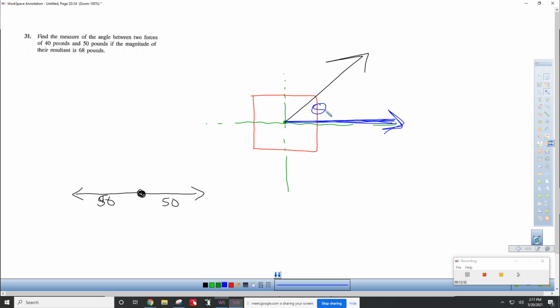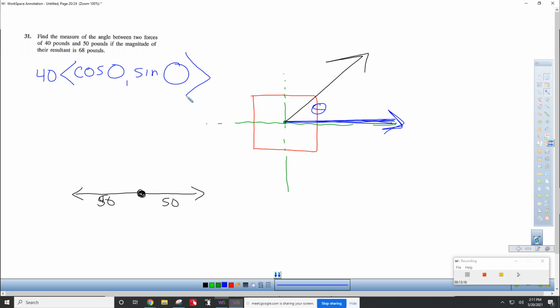I think this is a good idea. Let's just let the blue angle be right there at 0. So 40 times cosine 0, sine 0 gives us the vector form of that blue vector.